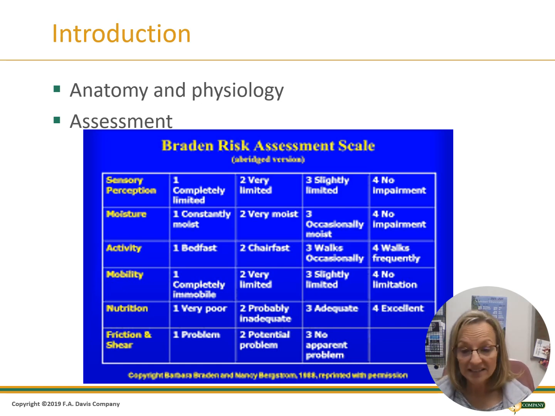So when we talk about skin, the skin is the largest organ of the body and it has multiple functions. It regulates your temperature, from normal to hypothermia to hyperthermia. It works as a barrier to the environment.